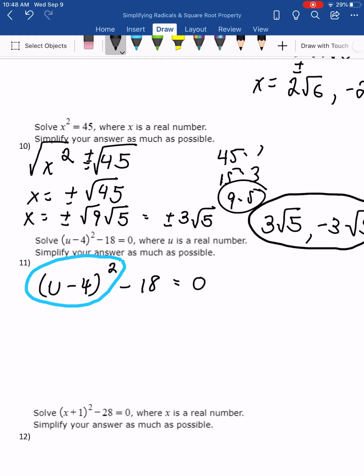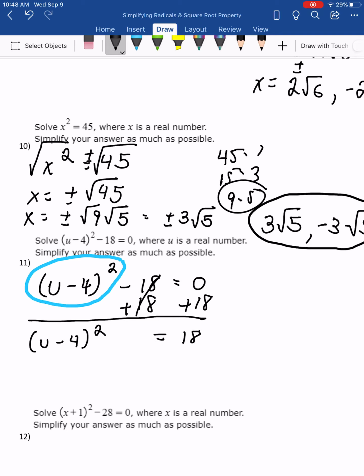All right, so we'll start by adding 18 to each side. So u minus 4 squared equals 18. Now we'll take the square root of both sides. Of course, adding a plus minus in front of the 18, the square root of 18.